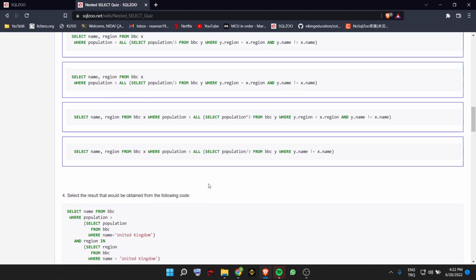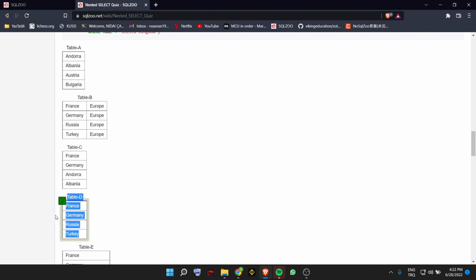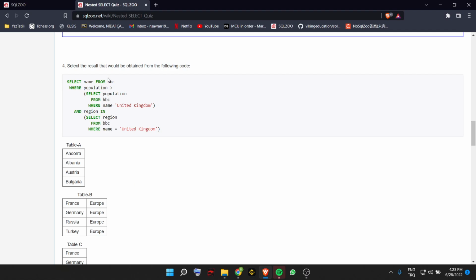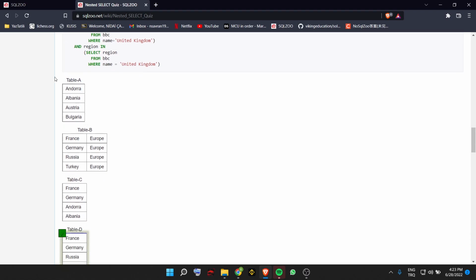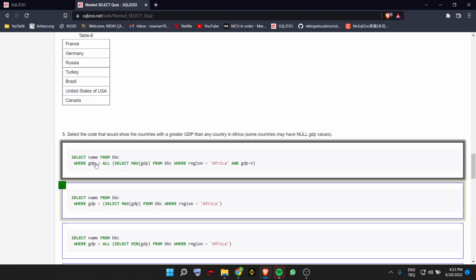I don't know their populations. I think these are the bigger countries. Turkey has like 80 million. Russia is a very big country, so I think D should be the correct answer because of population. Andorra should be a small country, so D is the answer.